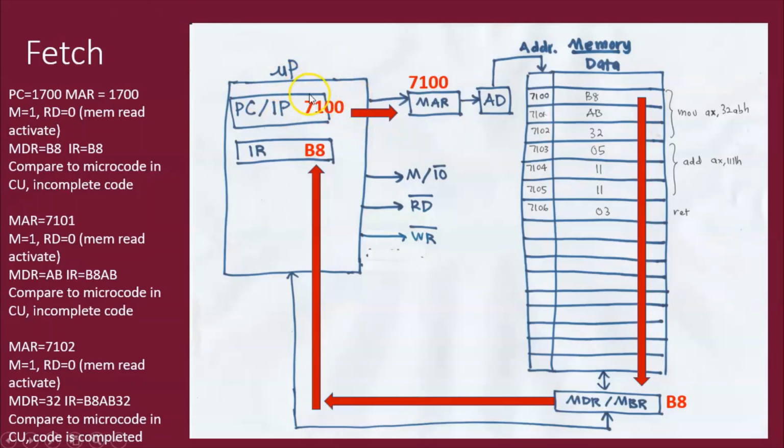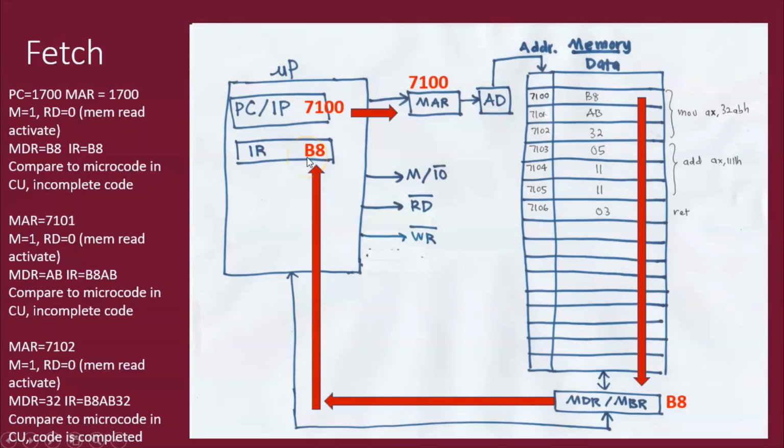This is the first step. Okay, and then this address will be inserted into MAR. So the value is the same, and then it will go to the address 7100, and then it will take the data inside it. So we have the data B8, and we will put it into the memory data register, B8. And then what happened? We have to bring it to the IR, B8.